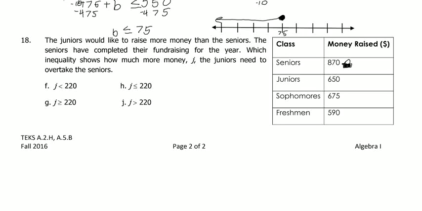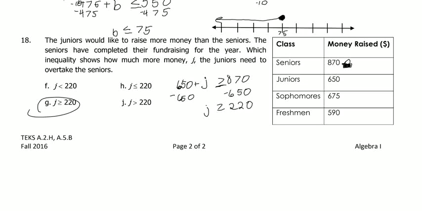So 870 needs to be less than or equal to J plus 650, right? So we're going to subtract 650 from both sides of this, and that's going to be J greater than or equal to 220. So let's see, which one of those looks like that? Well, G does. And there we have it.